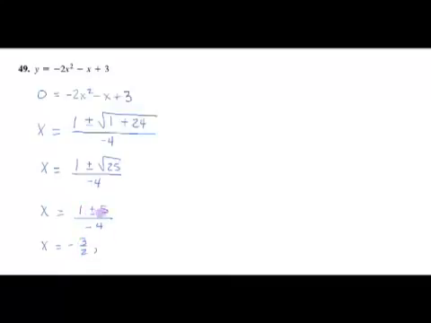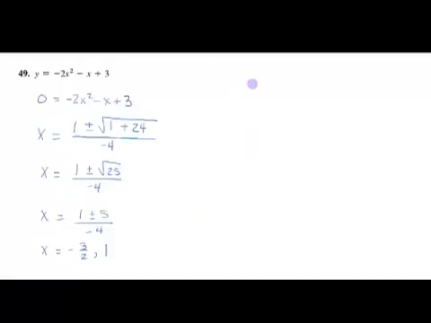Or 1 minus 5 is negative 4, divided by negative 4 is positive 1. If I wanted to state my x-intercepts, they would be negative 3 halves, comma 0, and 1, comma 0.